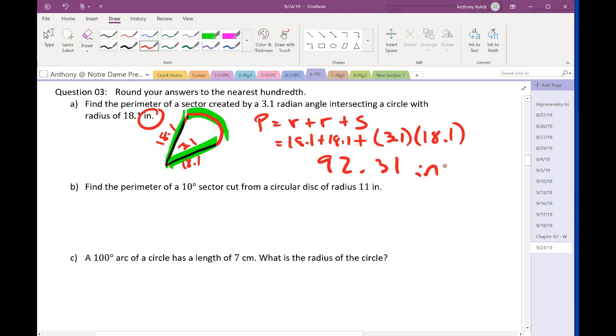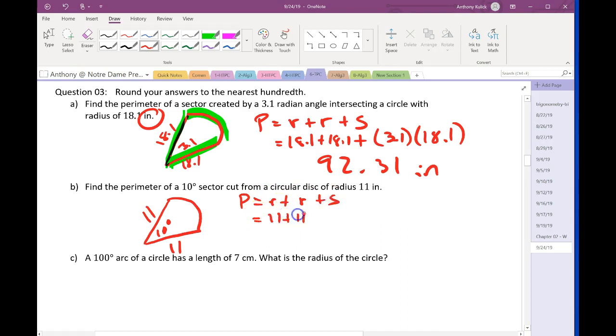Part B says find the perimeter of a 10-degree sector cut from a circular disk of radius 11. So again, a sector is a slice of pizza. This is 10 degrees. Each of these are 11. They're both radii. So here my perimeter is again going to be radius plus arc length.